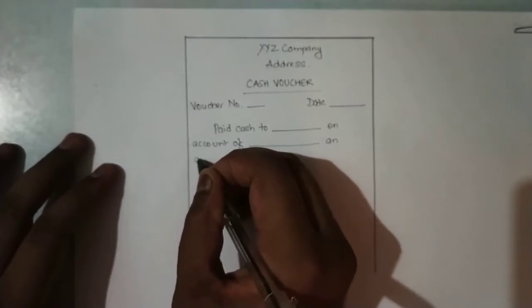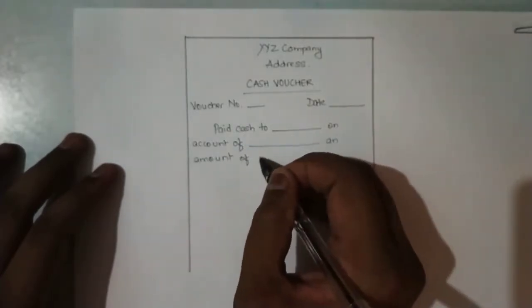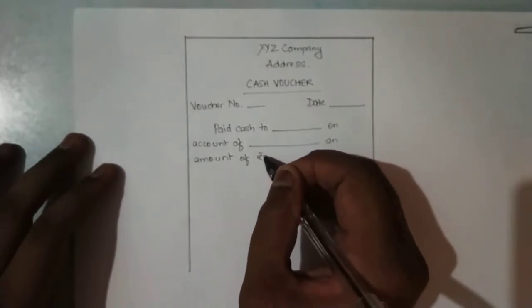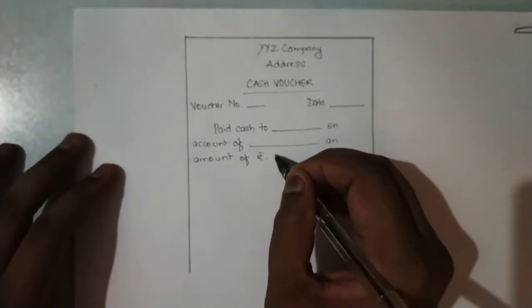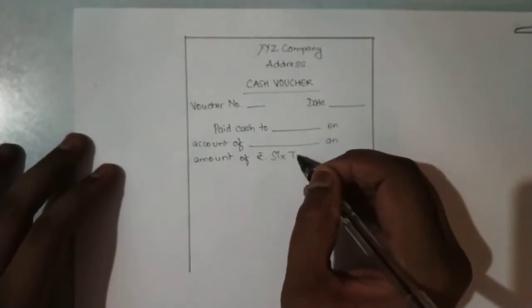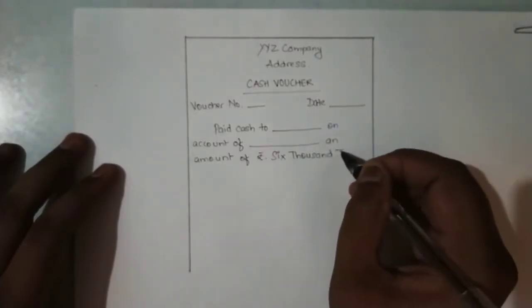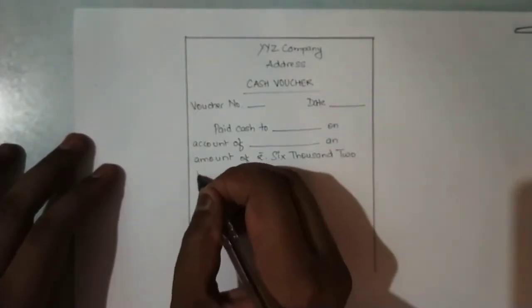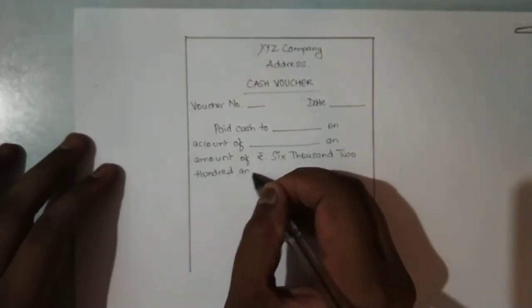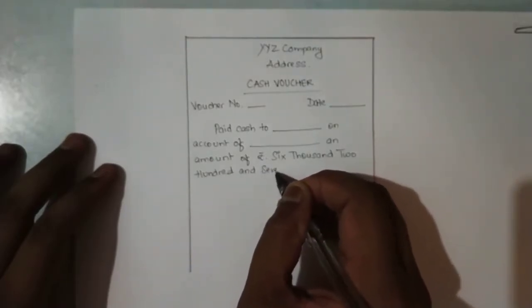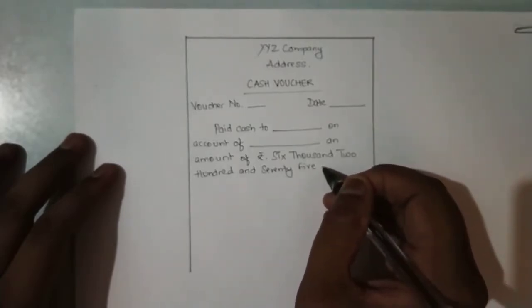An amount of rupees, whatever, let us assume the amount to be 6,275.